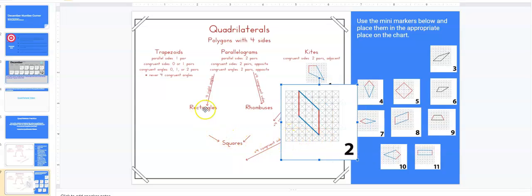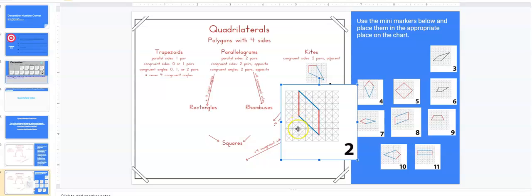Well, I don't think it could be a rectangle or a square because rectangles and squares have angles that are 90 degrees. They're right angles, and these are not right angles. I can tell right here this is an acute angle and this is an obtuse angle. Then I think about the rhombuses. To be a rhombus, these sides all have to be the same length.